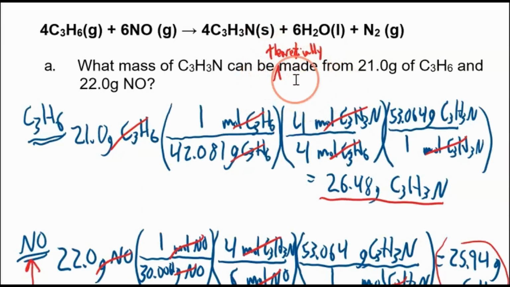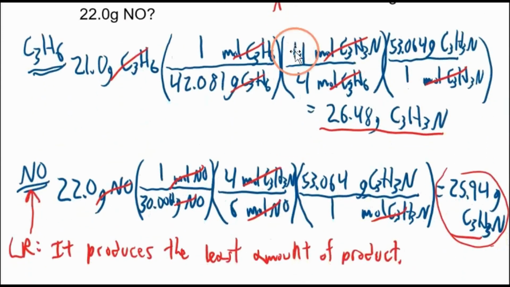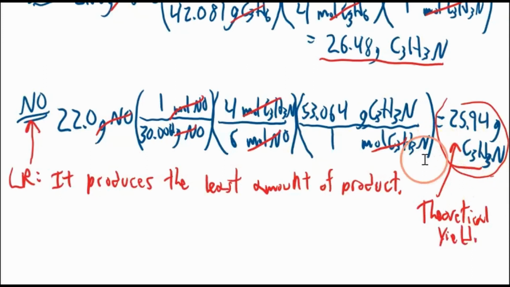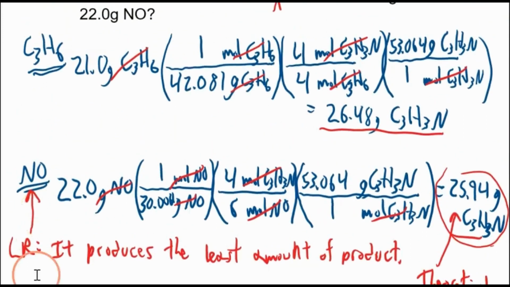Sometimes what happens in the lab stays in the lab, so to speak. Not every reaction goes to completion. So this is how much we can theoretically make. This is our theoretical yield. Great. That means if NO is our limiting reactant, then the other one is our excess reactant. It's the one that's in excess.